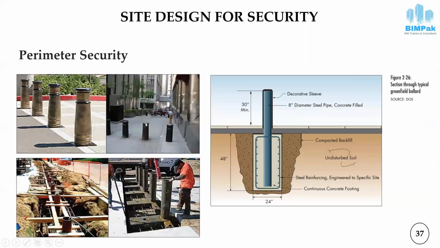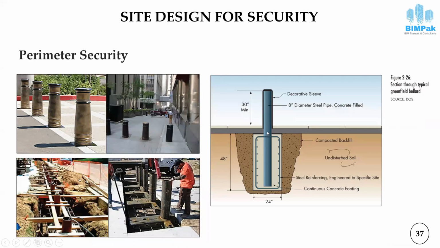So these are basically the bollards. Openly you can see it is giving a very aesthetic look, but it has a very strong foundation. Here you can see in this picture, these are properly designed to sustain the impact of a truck or a vehicle.